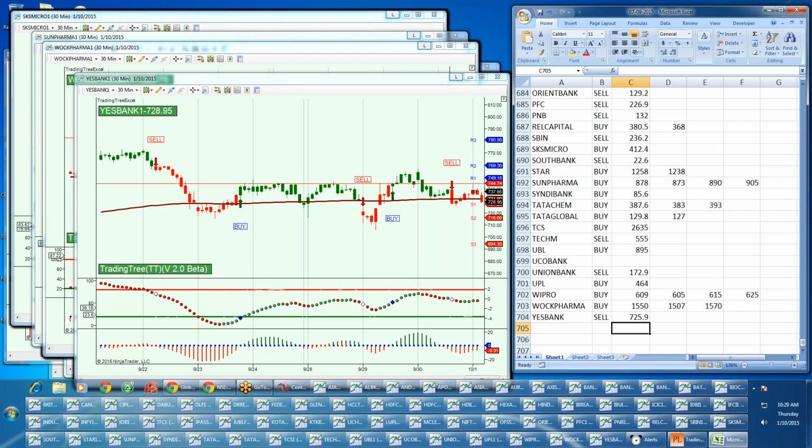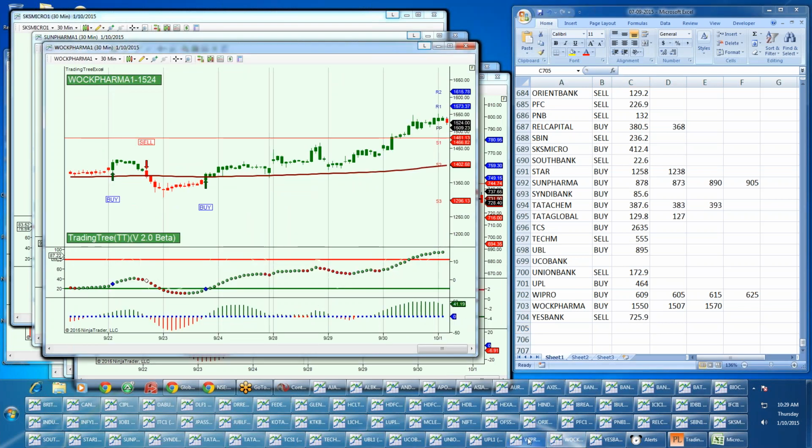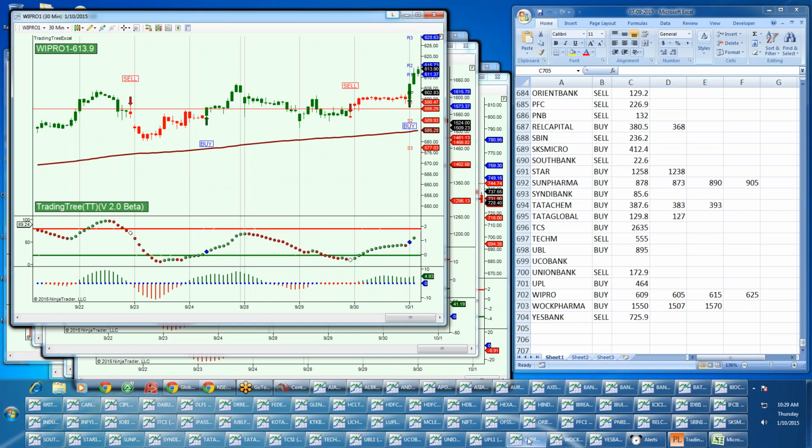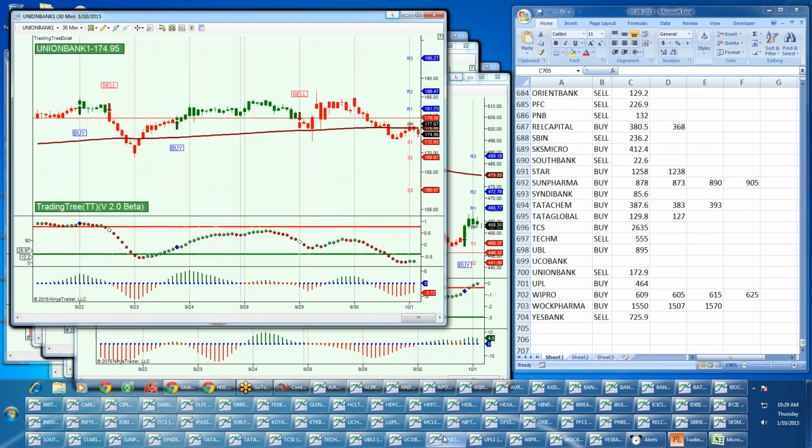So we'll short Yes Bank at 725.90. So Union Bank is at 172.90.